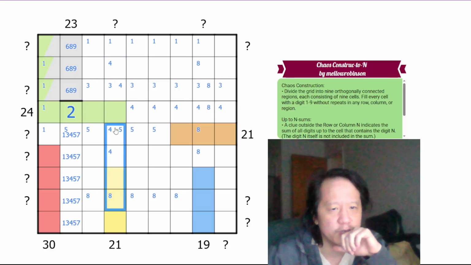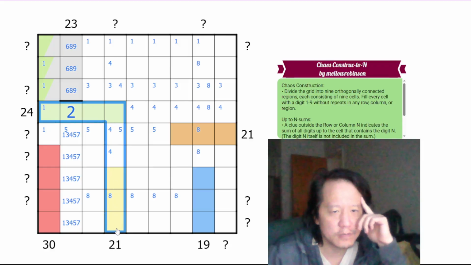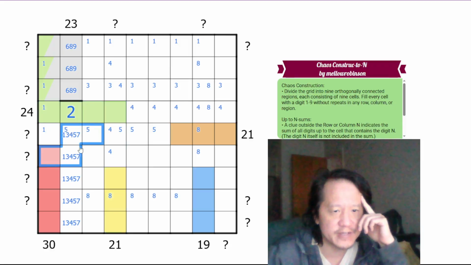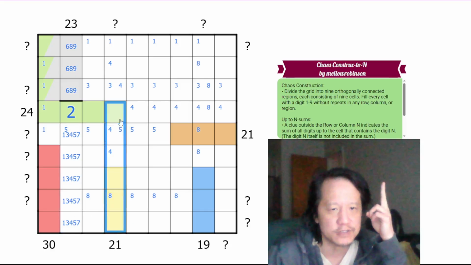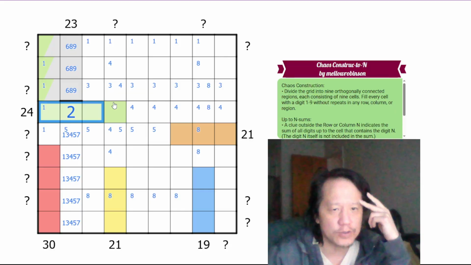And if this is the same region here, these are 15 cells, which can't form one full region by itself, and it can't form 2 full regions. So this cannot be the same region as this. Therefore, this must be the same region as this.